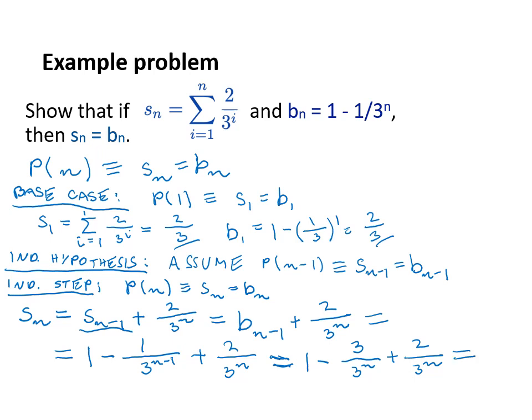And that is equal to 1 minus 1 over 3 to the power of n, which is exactly what B of n is. So we show that S of n is equal to B of n in our inductive step, and that concludes our proof. So by doing this, we show that S of n is equal to B of n for all positive n.